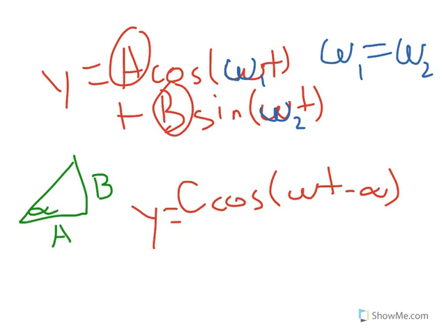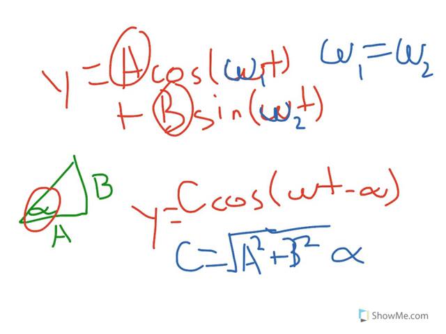Say that y equals C cosine omega t minus alpha, and alpha is the angle here. Now we can just use basic geometry from here to find C and alpha. So C, of course, is the square root of a squared plus b squared, in case you didn't know.